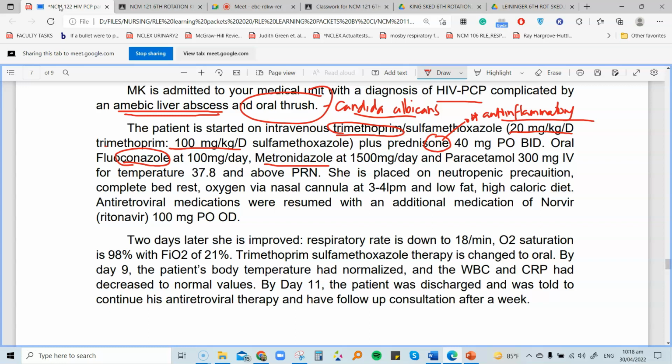Most of GI cases which is associated with your infection will always have orders in your client's chart for your metronidazole. Kung for example, meron kang surgical procedure and it is an abdominal GI procedure, hindi mawawala yung metronidazole dyan.